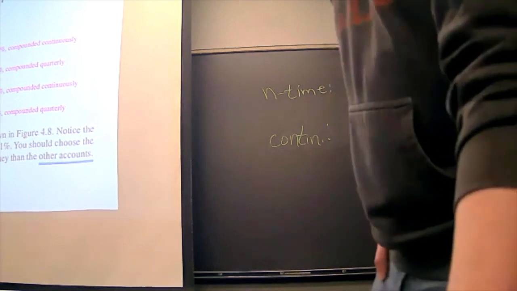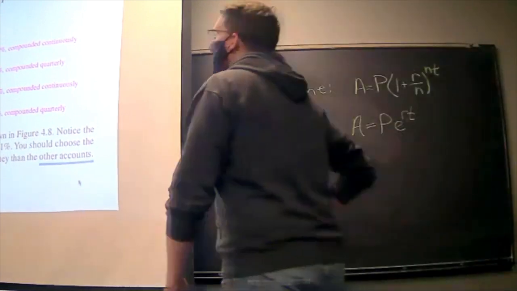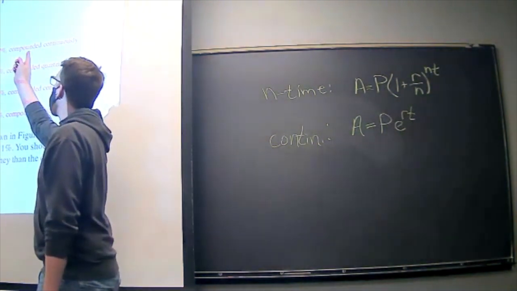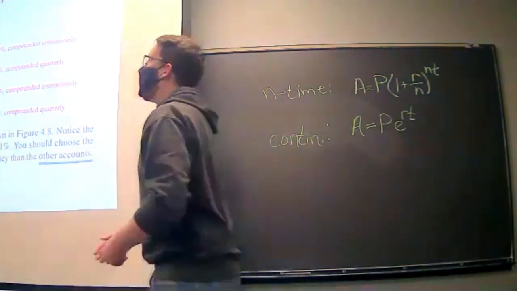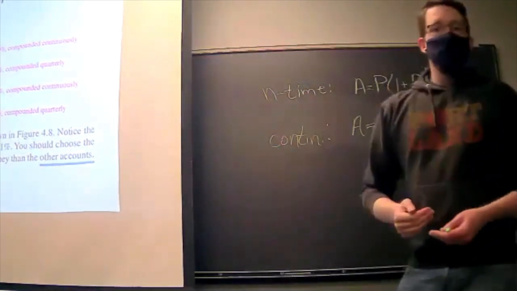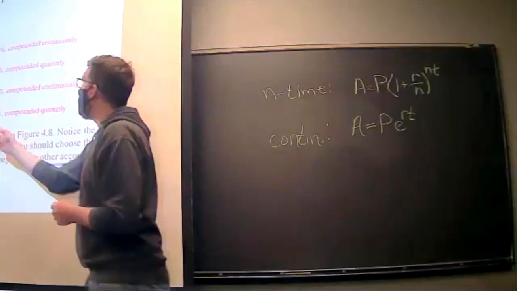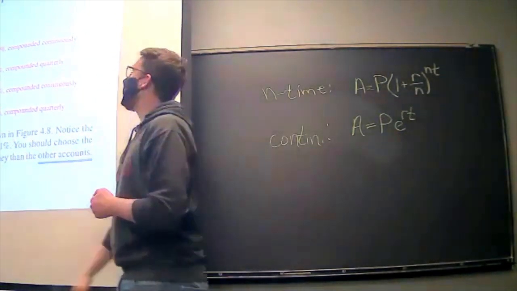So the point of this is to show how continuously compounding interest versus compounding n times compares to each other, as well as how interest rates compare to each other.